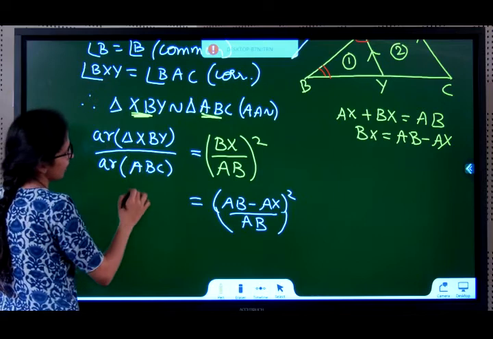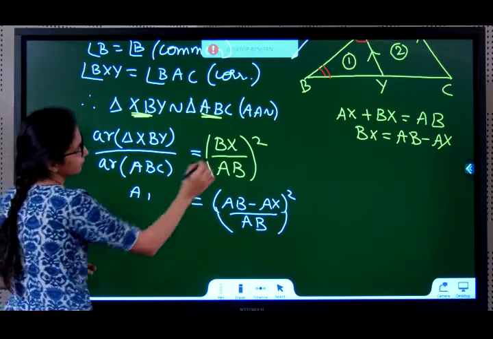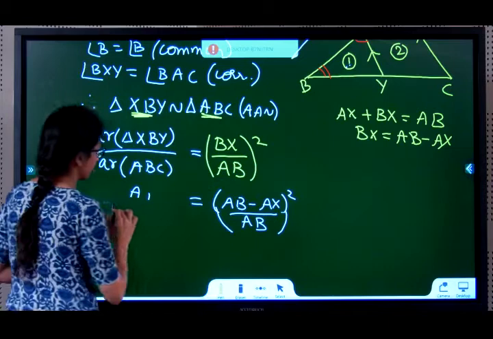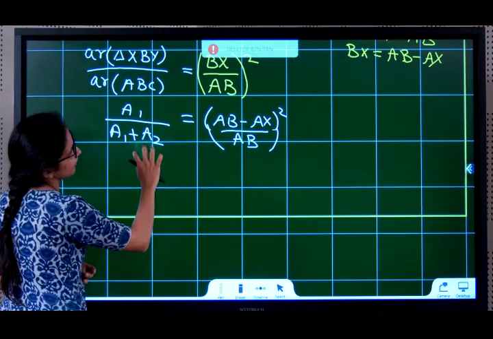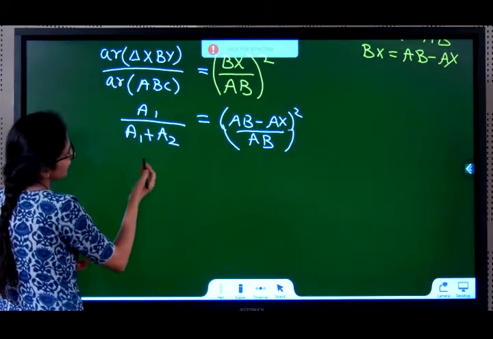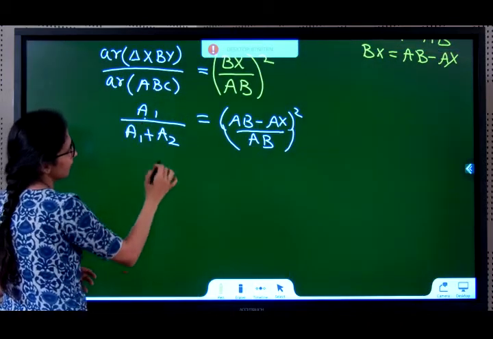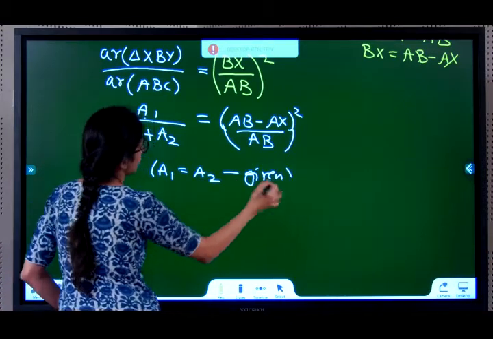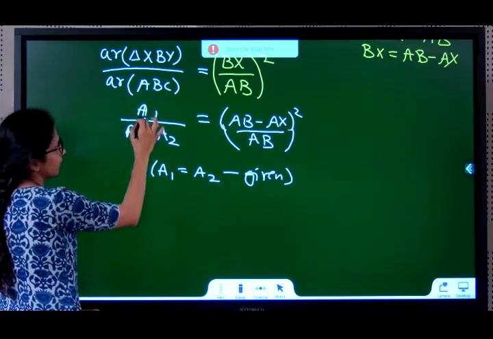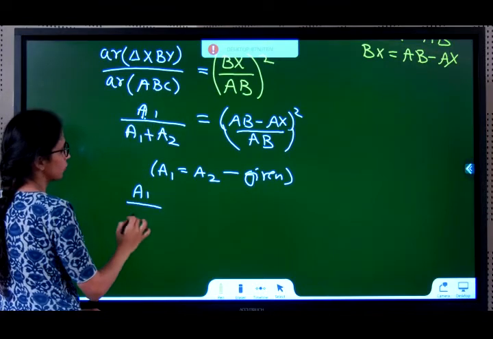Area of XBY is nothing but A1, and that is nothing but A1 plus A2. Agreed? Yes. A1 is equal to A2, given in the question. So this is nothing but A1, this is 2A1.